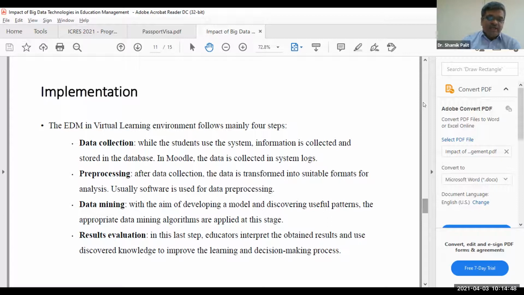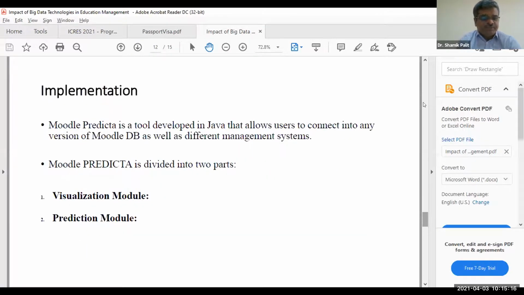At the same point of time, pre-processing the data and applying it for the data mining process. And ultimately, we must have a specific result explored from that data, which seriously helps the entire education management system to make a proper decision based on a specific student's performance.